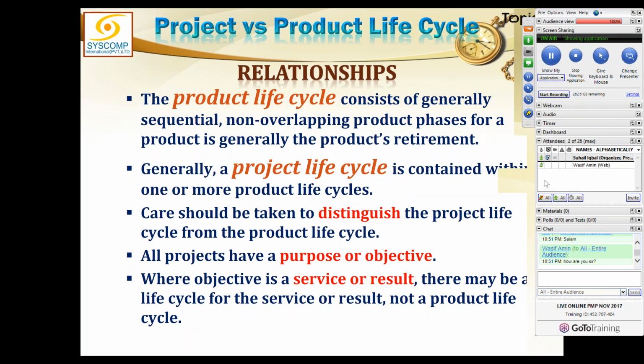Did you get me? Sorry, I think there is some connection problem. I didn't hear your question. Okay. Previously, you said that a life cycle is from conception till termination. Do you think the idea of the product was conceived when it had been produced?